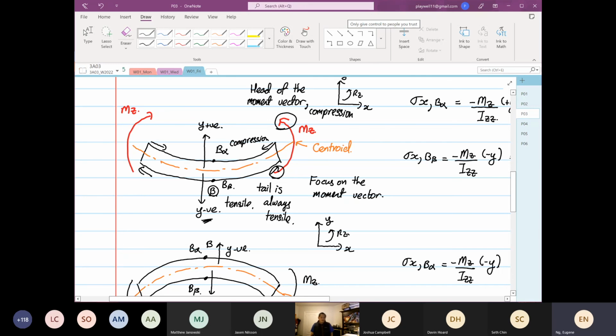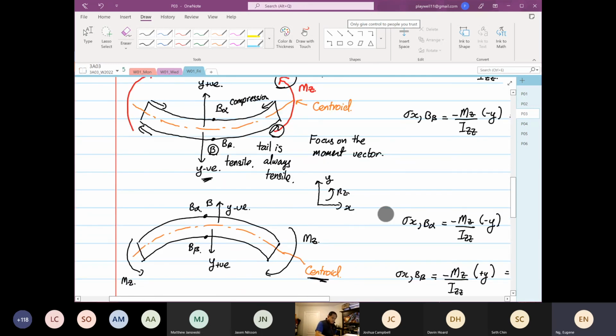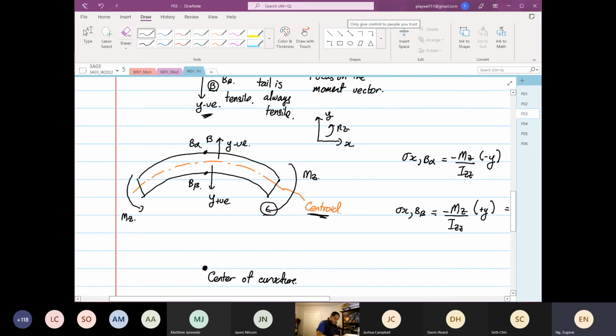You just need to remember this, okay? The head is always in compression. The tail end is always in tensile. That's all you need to remember. No need to remember minus Mz over Izz. Okay. So that is where I want you all to what? Visualize. Okay, visualize the bending and not just, okay, let's throw everything in the formula.